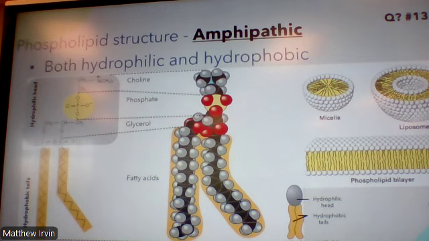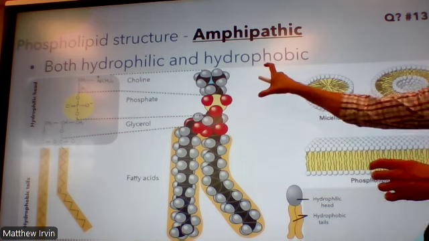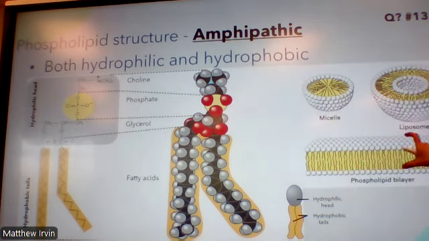Phospholipids are extremely important because they are amphipathic. They are hydrophilic and hydrophobic. The hydrophilic heads and hydrophobic tails create our phospholipid bilayer, which separates the inside of the cell from the outside of the cell.